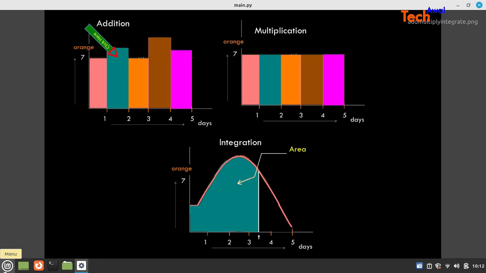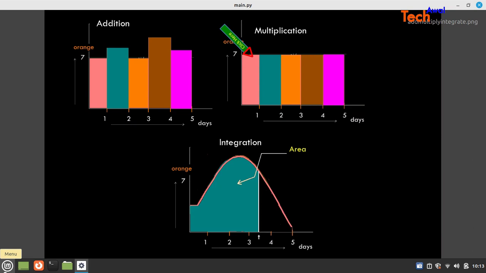Addition is adding these bars, and multiplication is how many times it is repeating and multiplying by that. So everywhere we are adding only. Addition is simple addition; multiplication is more complex.